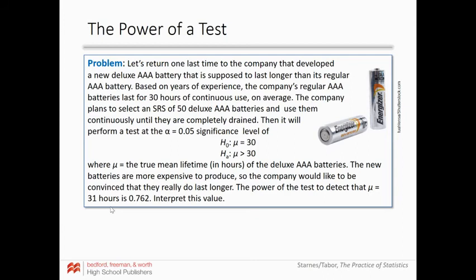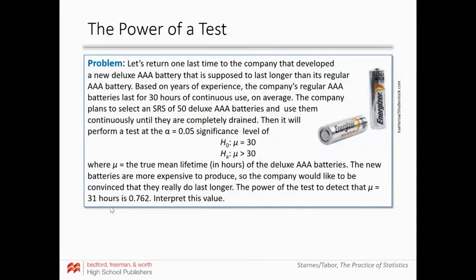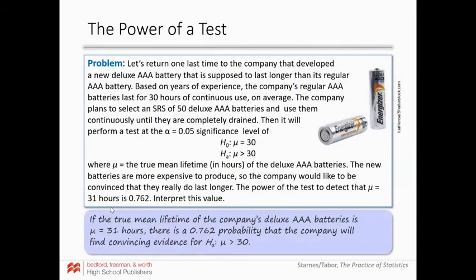The new batteries are more expensive to produce, so the company would likely be convinced only if they really do last longer. The power of a test to detect that mu is equal to 31 hours is 0.762. So they're telling us that the power, or the probability that the test finds convincing evidence for HA when a specific alternative value of the parameter is true, is 0.762.